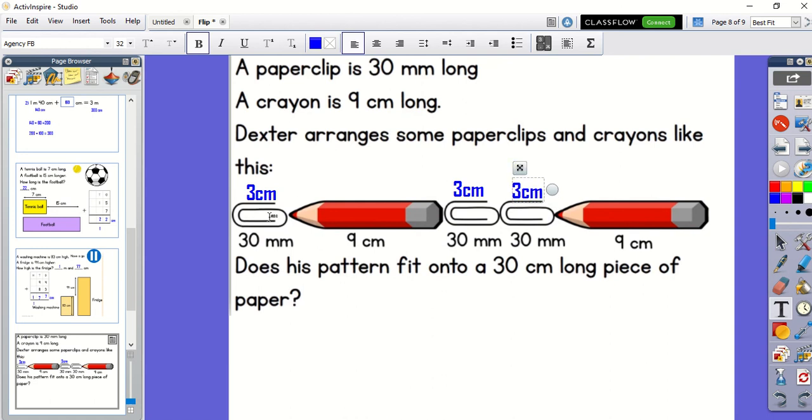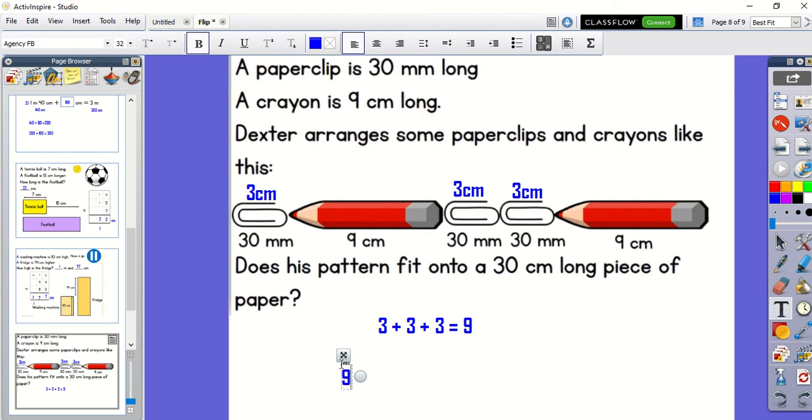Now I could do 3 add 9 add 3 add 3 add 9, but that's a really long addition and I don't want to. So I'm going to be a bit lazy about it. I'm going to do, well, 3 add 3 add 3 is 9. So now all of a sudden I've got 9, 9 and 9.